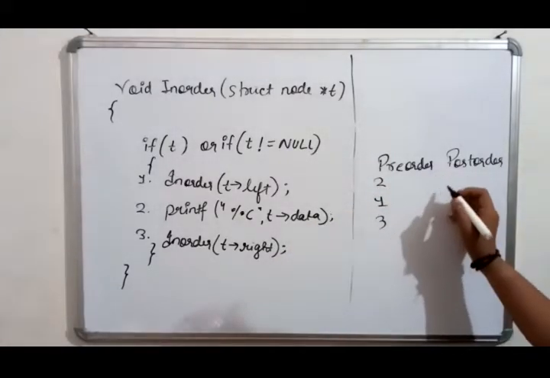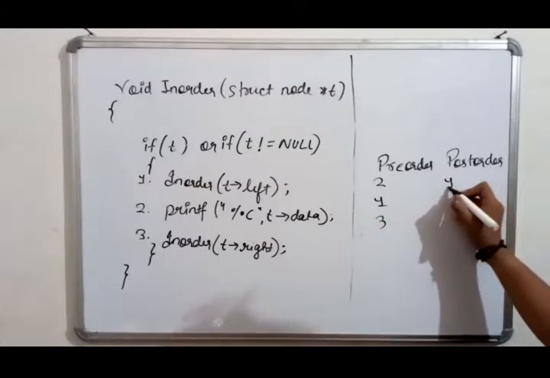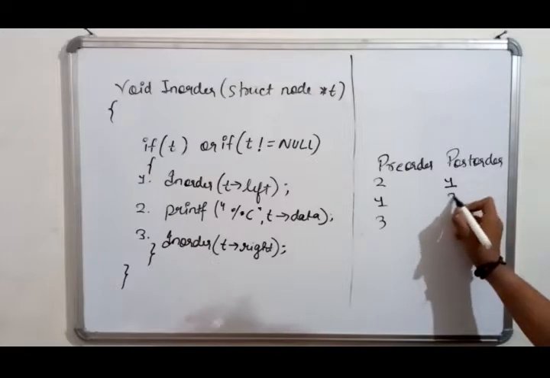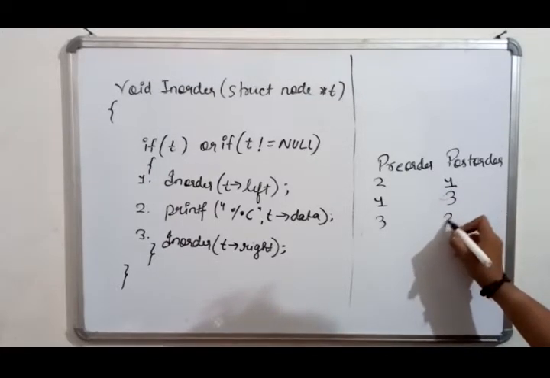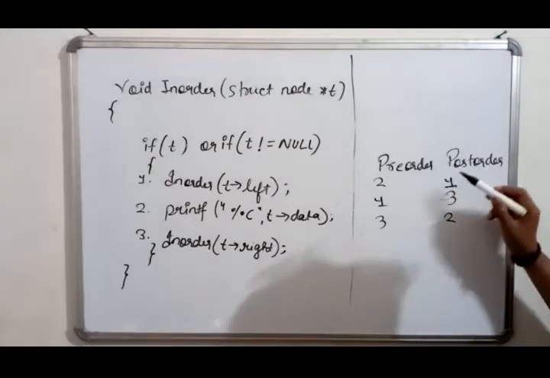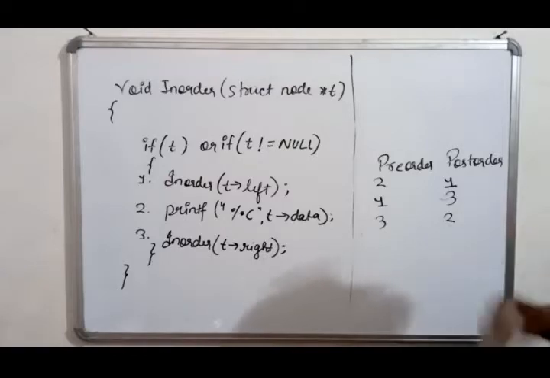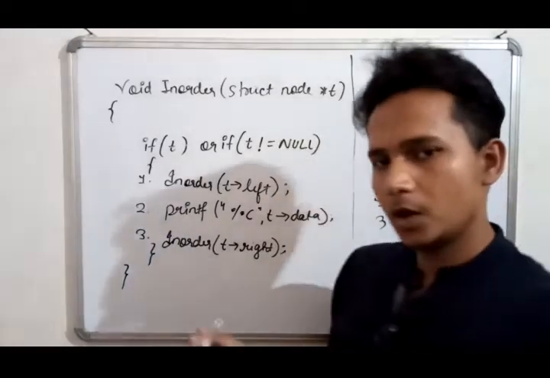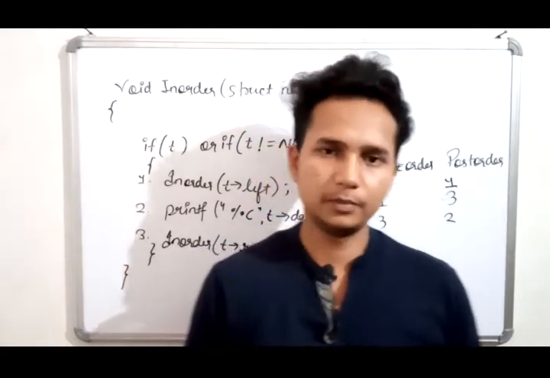So we will arrange the instructions like 1, 3 and 2. Firstly we will go to the left, then we will go to the right, and then we will print the root. Okay, so that was the program of Inorder, Preorder and Postorder.